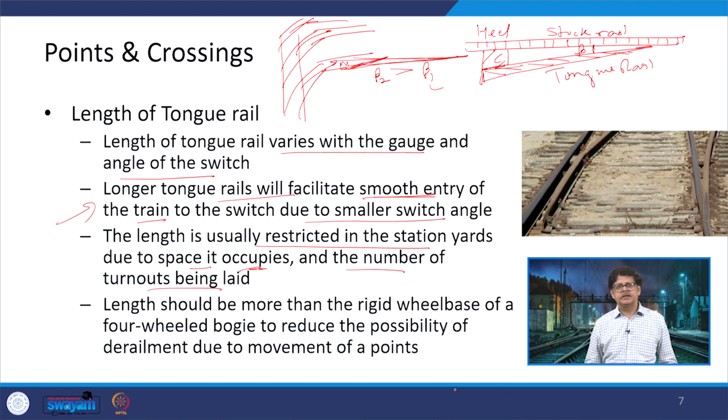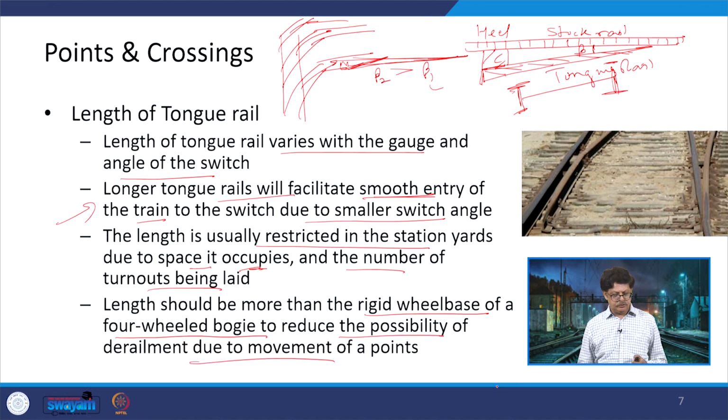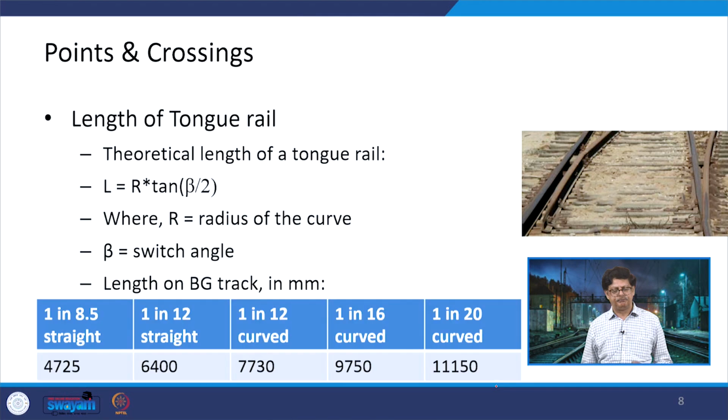The length should be more than the rigid wheelbase of a four-wheeled bogie. So, whatever length we are talking about here, it should be more than the rigid wheelbase. The wheelbase may be in this form, so it is smaller than the length of the tongue rail, and this reduces the possibility of derailment due to the movement of a point.